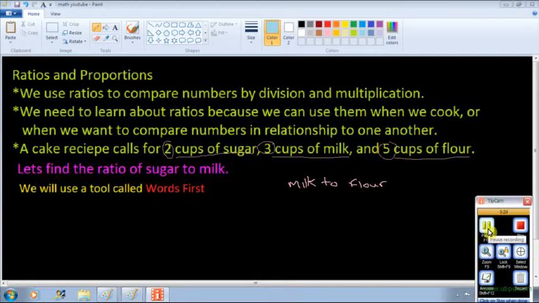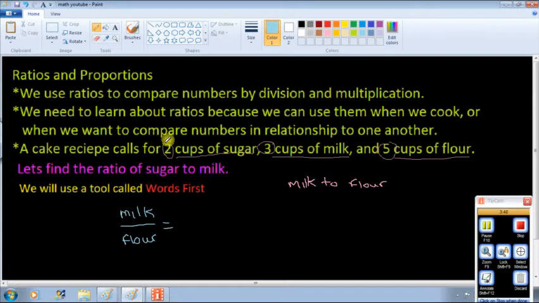Alright, so let's go ahead and, using the same tool, we're going to use Words First. So in this example again we had milk to flour, so we'll go back to our information.